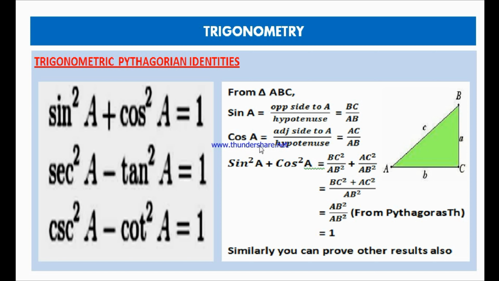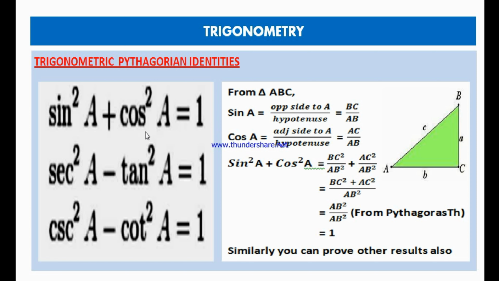Next, let us find the cos A value. In order to find cos A, it is the adjacent side to vertex A by hypotenuse. In this triangle, the adjacent side to A is AC and the hypotenuse is AB. Therefore, cos A is equal to AC by AB. Now we have to find the value of sin square A plus cos square A.